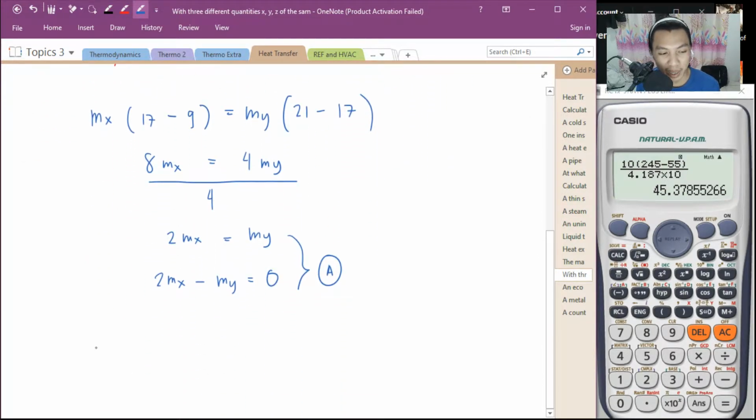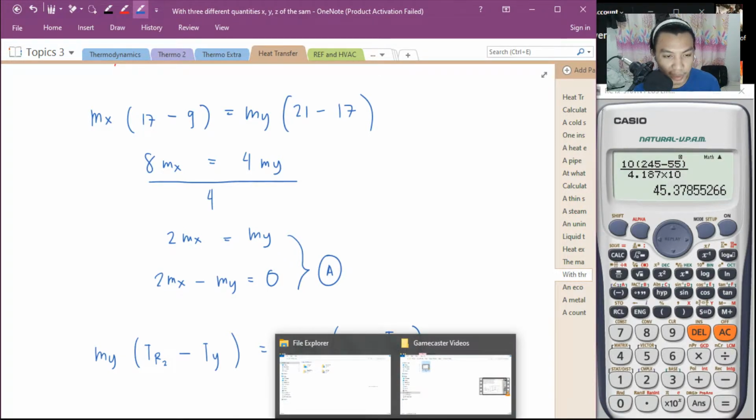So, MY, tapos TR, yung resulting, TR2 ito. TR2 minus TY equal to MZ tapos TZ minus TR2. Okay?